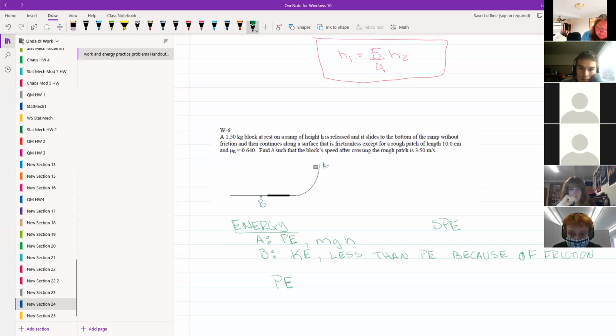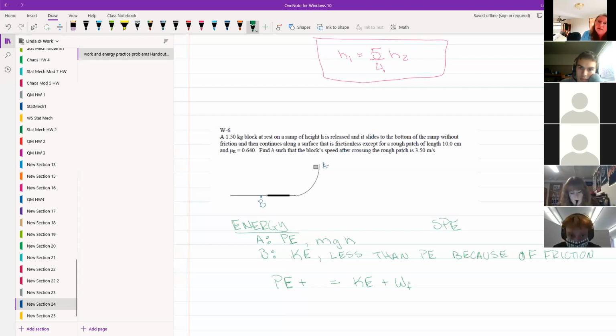Potential energy would equal kinetic energy plus friction energy. You can go like work due to friction if you want. Yeah, there again, there's no hard and fast rule about how you can write these things out. It's just defining for yourself what each of those terms are.